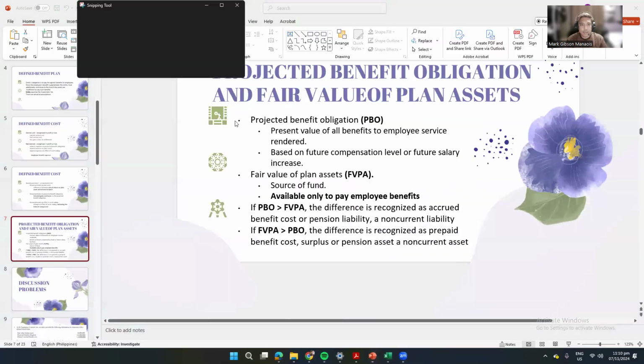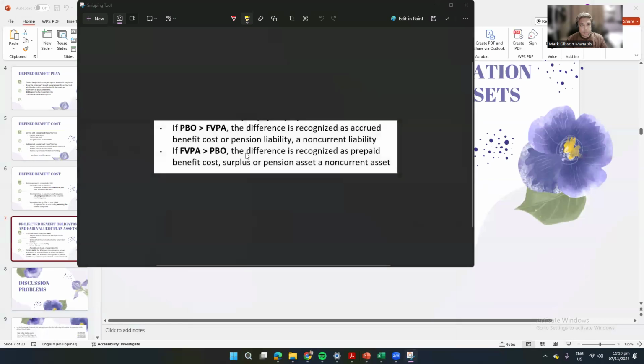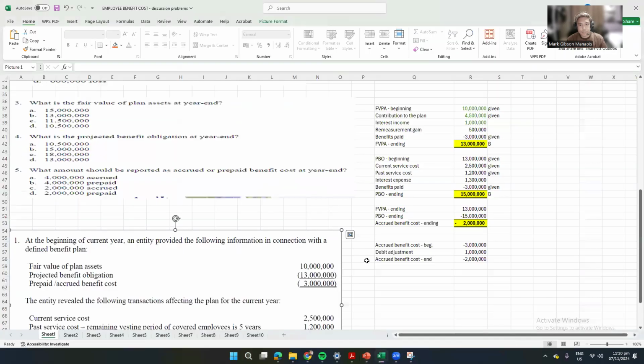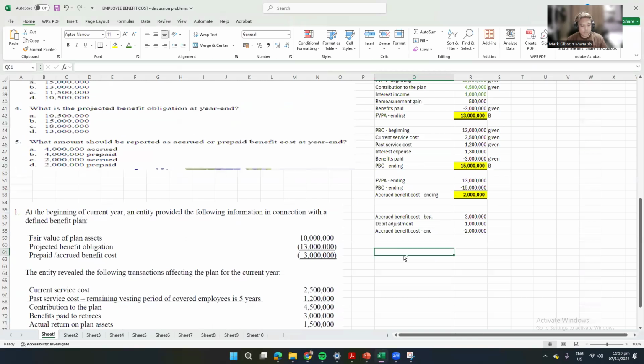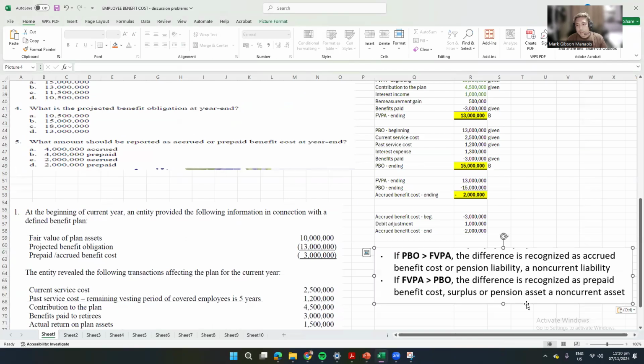Para may guide tayo. Lagay ko siya dito so that we can assess. Sabi natin dyan, if the projected benefit obligation is greater than your FVPA, the difference is recognized as accrued benefit cost. Now let's check.